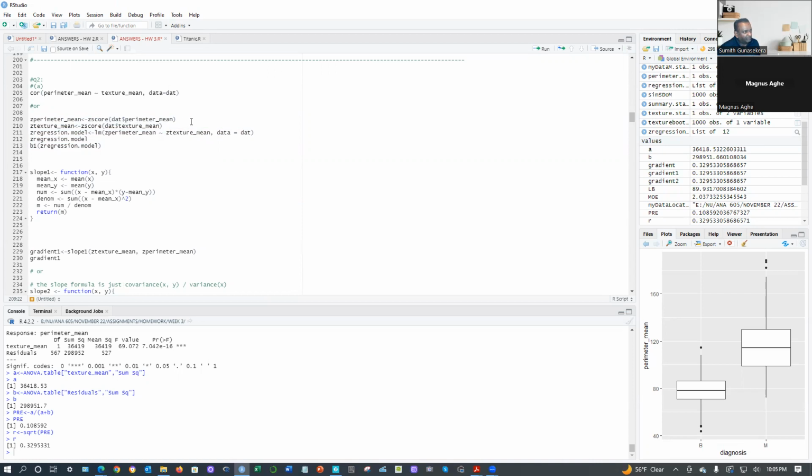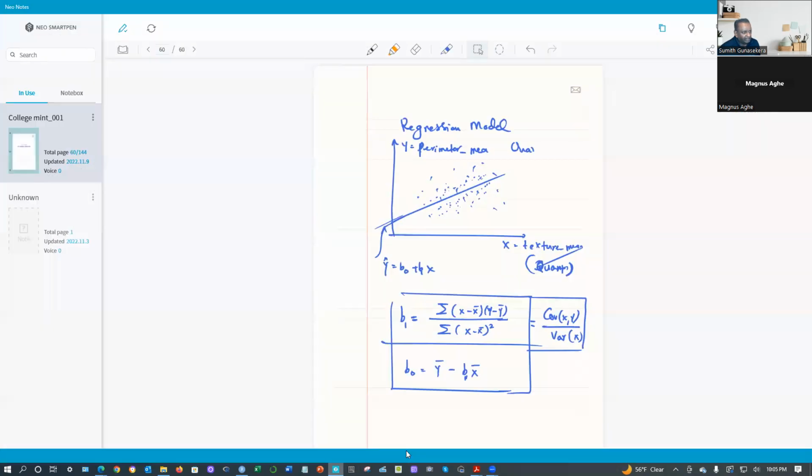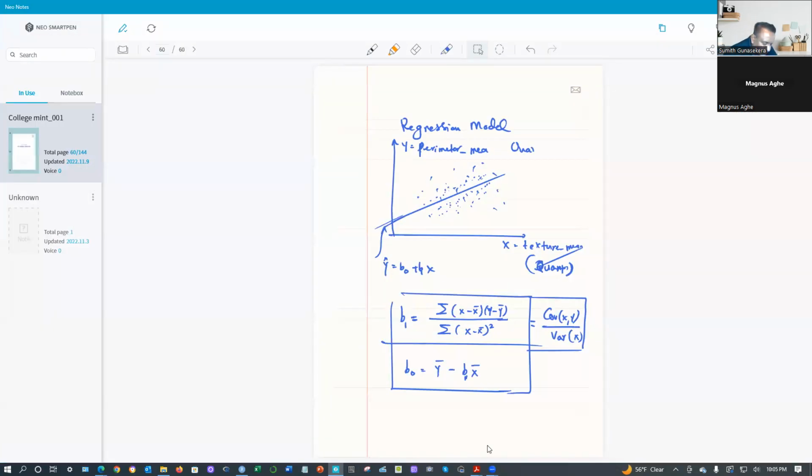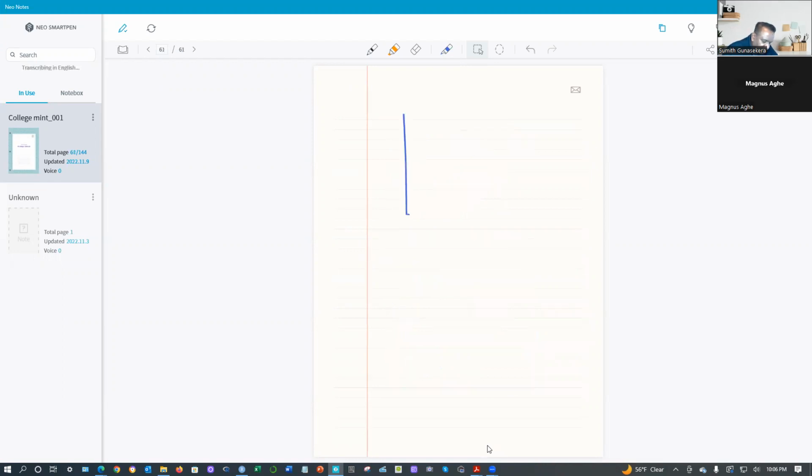Instead of talking about this slope in the regular way, I prefer to talk about it this way: Z texture mean. The x variable is Z texture mean, and the y variable would be Z perimeter mean.